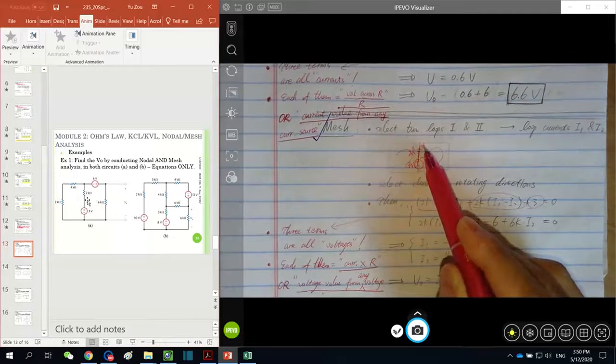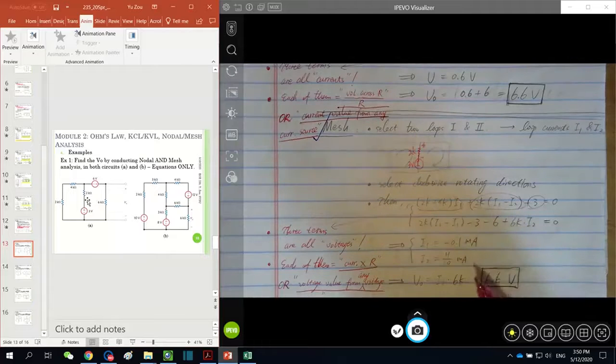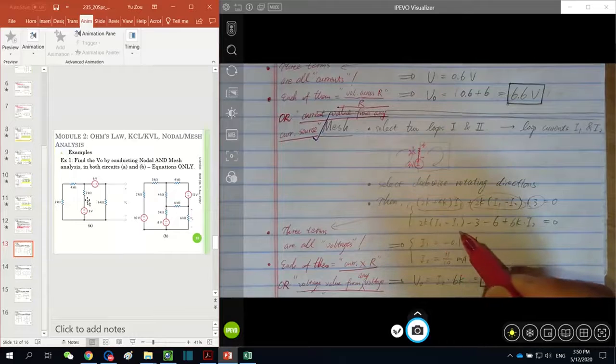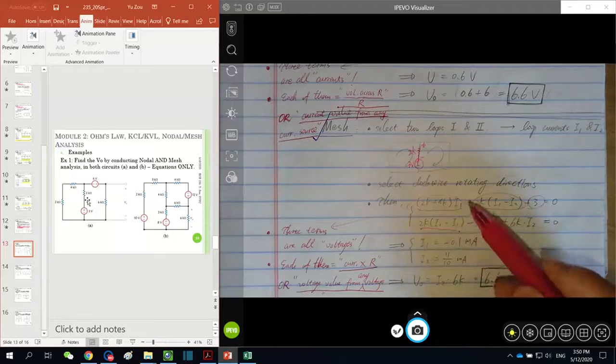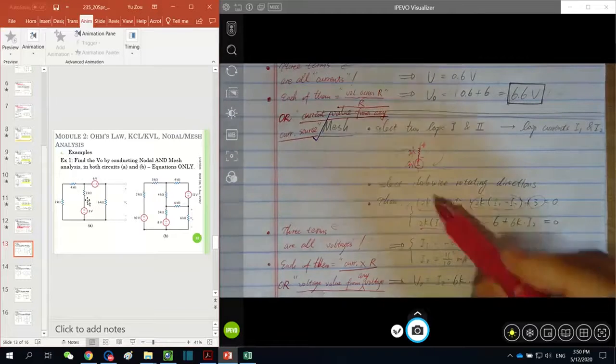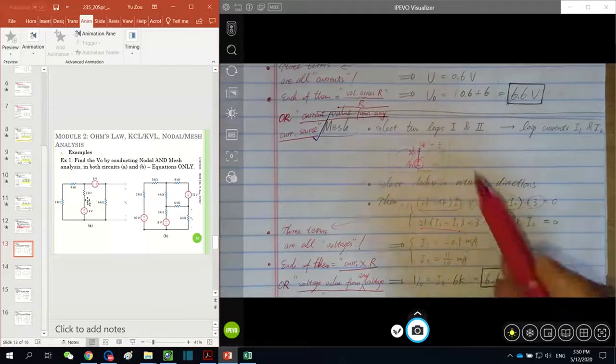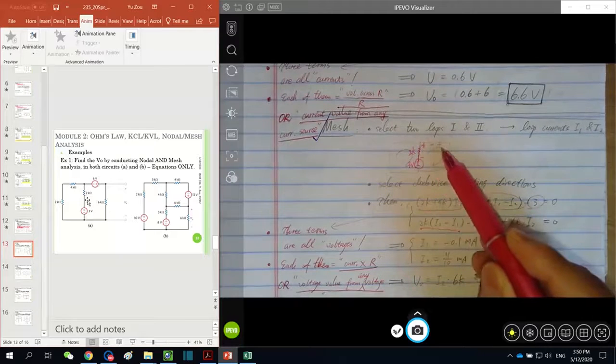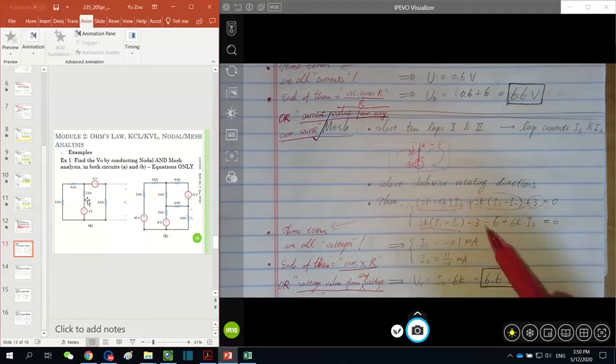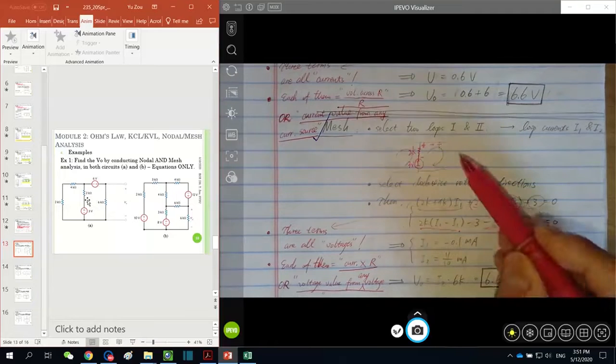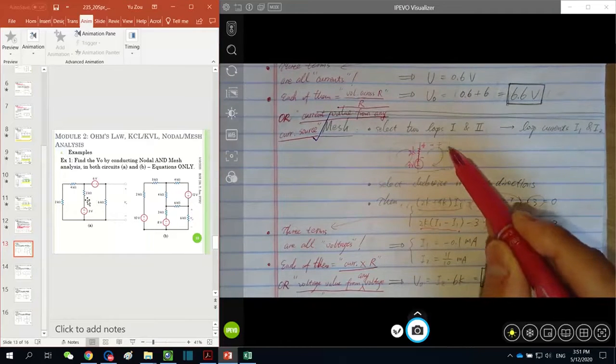Therefore, we should have negative 2K times parenthesis I1 minus I2. Of course, same as mine here, because I'm writing I2 minus I1 in the parentheses, same thing. Next, you come across the 6 volts here, which is negative first, followed by positive next. So negative 6.